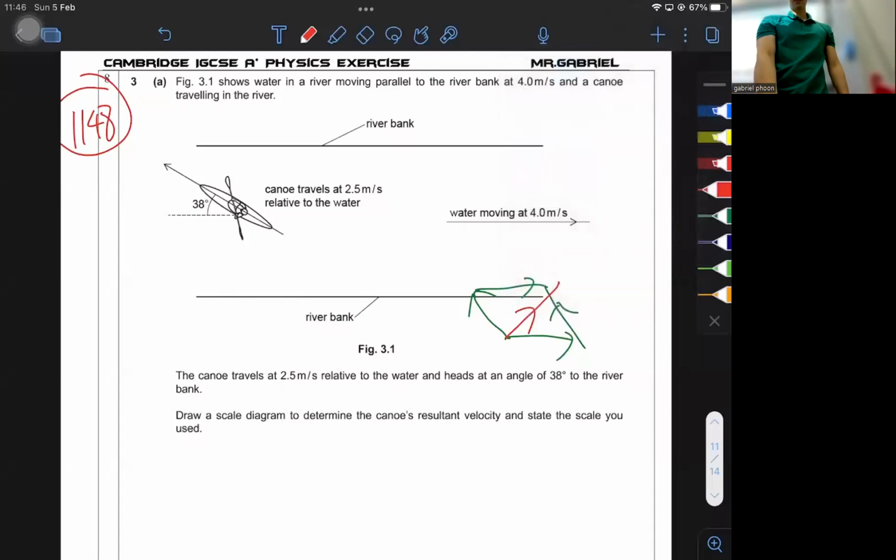Then you need a scale. How big a scale? Once the grid equals 0.5 meters per second, maybe.